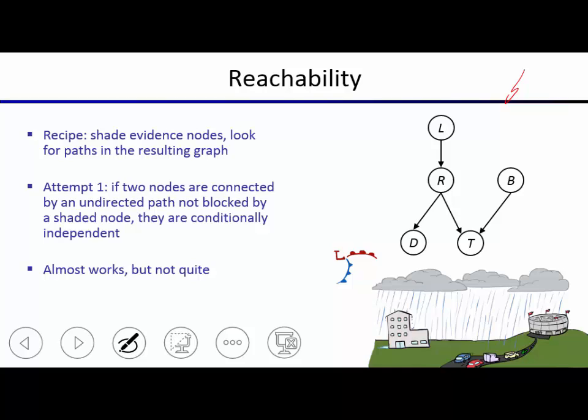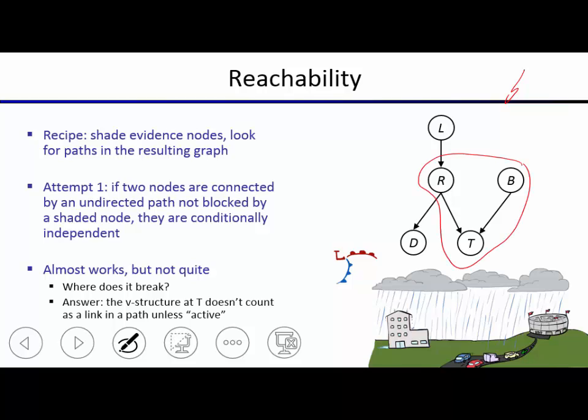The reason it's not entirely the answer is that third example we just looked at. In that third example, observing the node at the bottom actually activated the influence between the two other variables, right? So that's where it breaks. So we need something a little more subtle. This V structure, which is again shown over here, this is what we call a V structure, acts very differently than the other structures we've looked at.